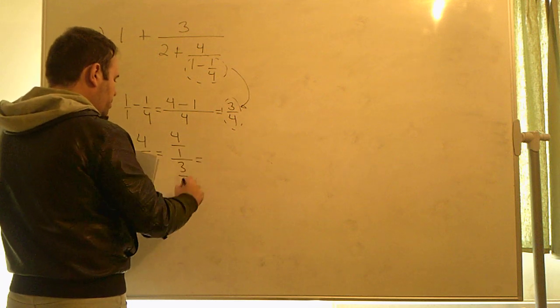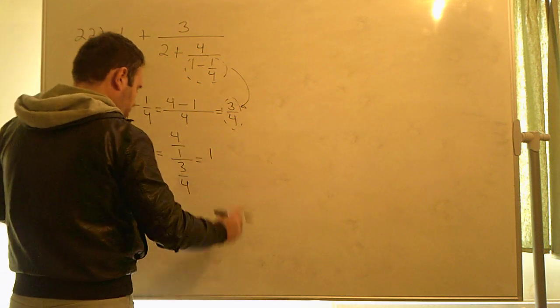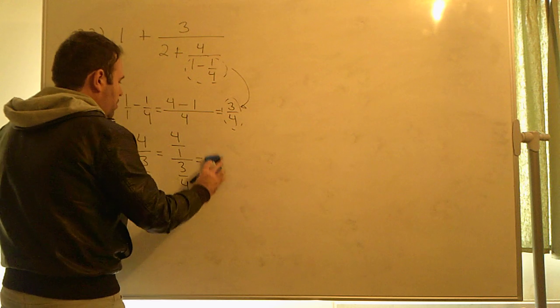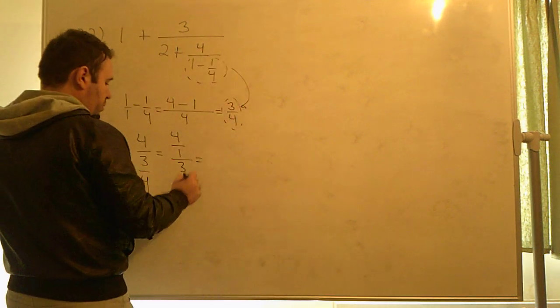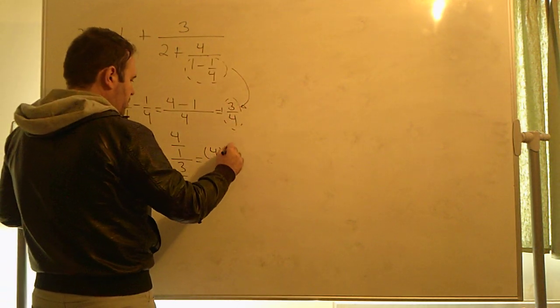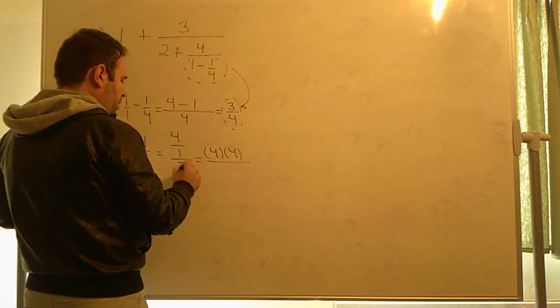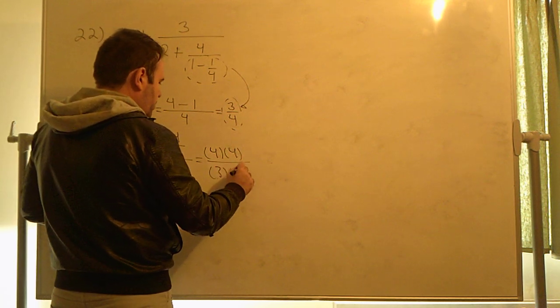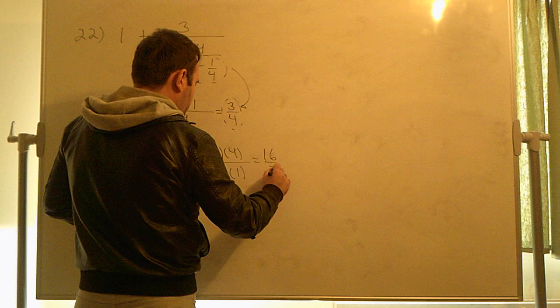So this would be 4 times 4 divided by 1 times 3. This would be 16/3.